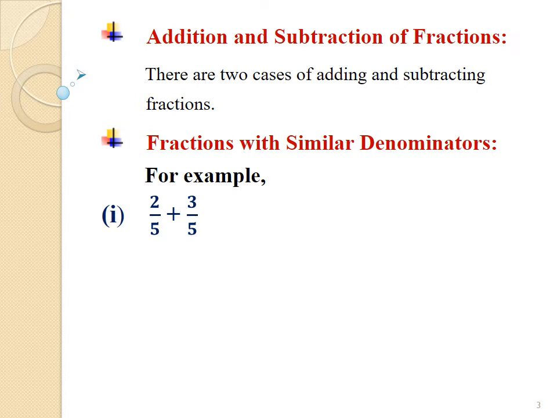Thus, adding numerators 2 and 3 and keeping common denominator 5 same, we get 5 upon 5. Students, now we have to reduce 5 upon 5 to standard form. Thus reducing 5 by 5 in standard form, we get 1.